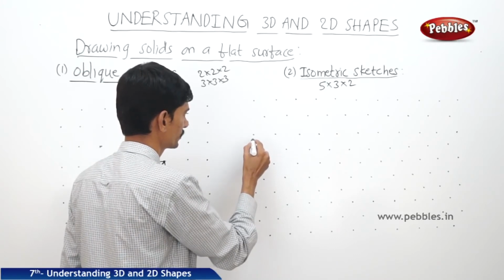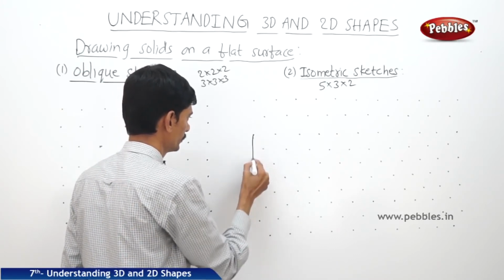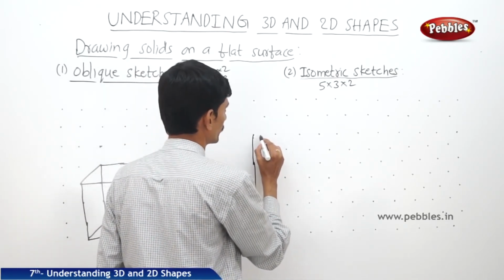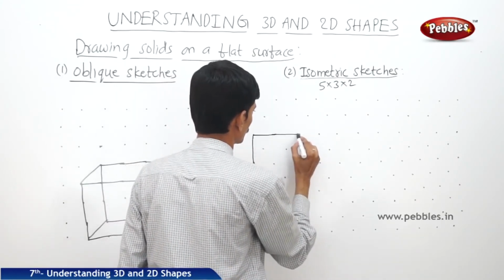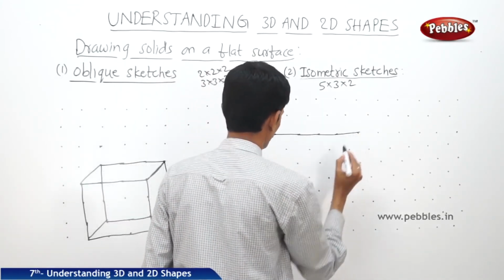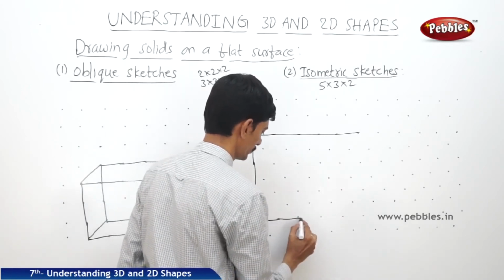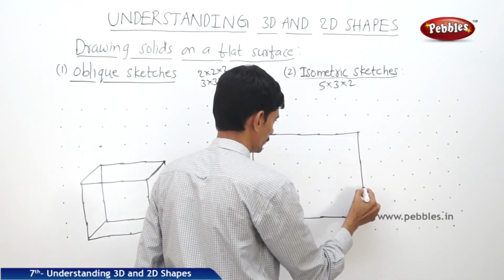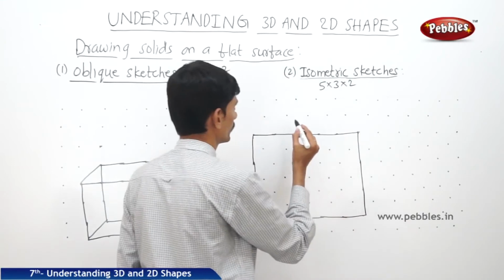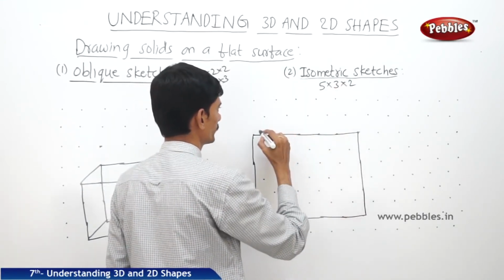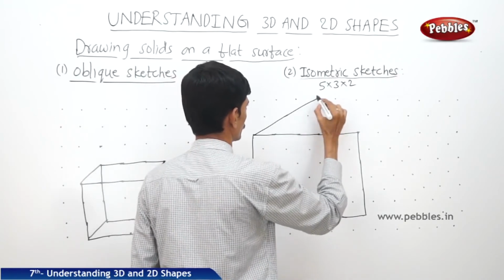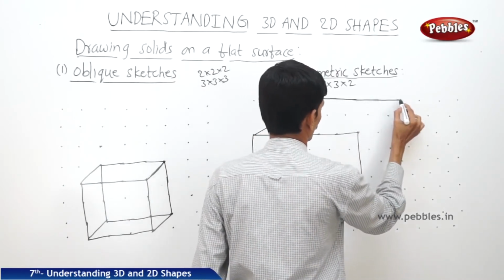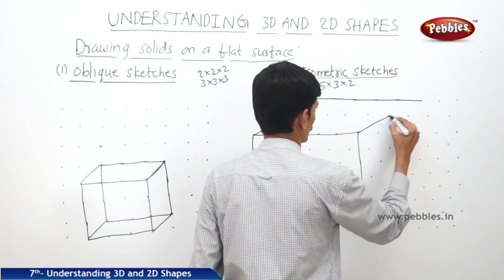the 3 centimeters height, so 1, 2, 3, then 5 centimeters length, 1, 2, 3, 4, 5, then breadth 2 centimeters, so we take 1, 2.